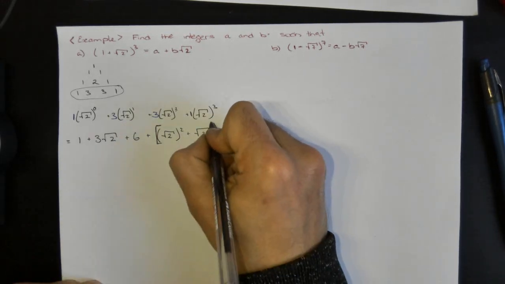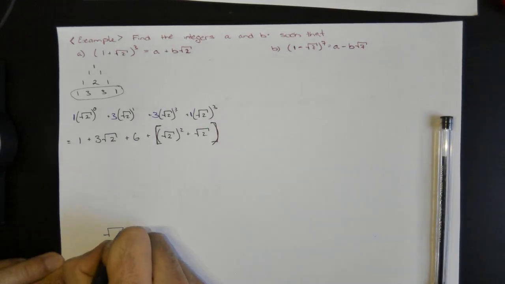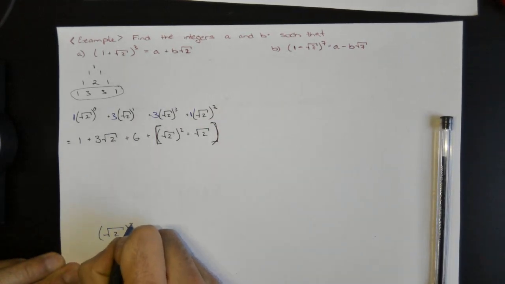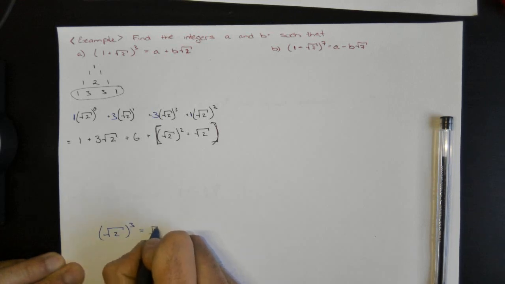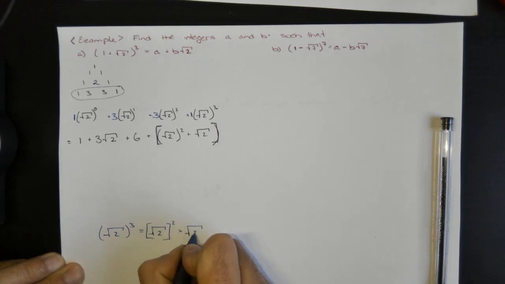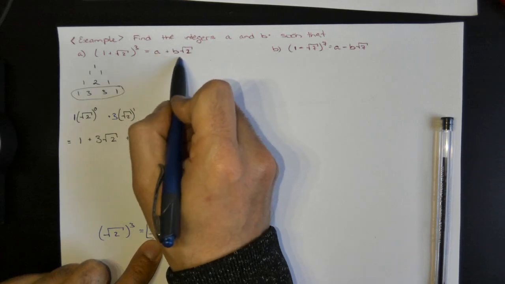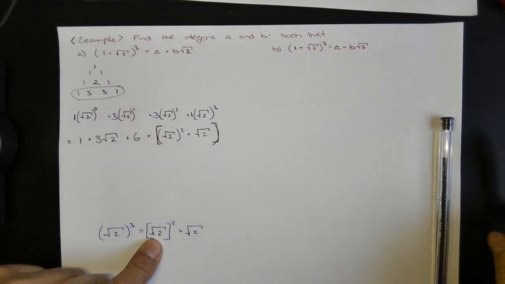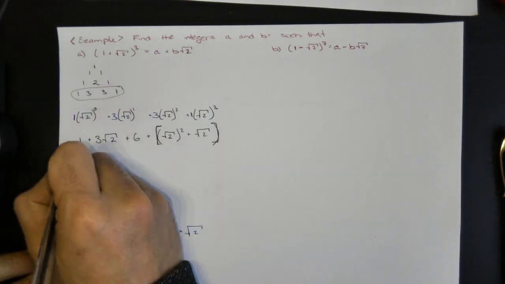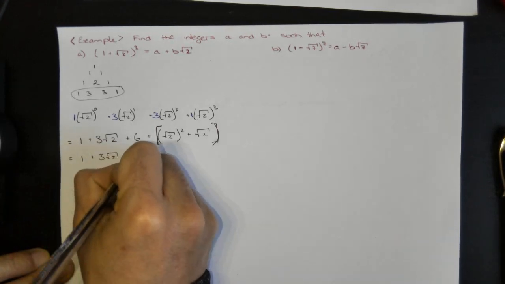If that makes sense, because root 2 to the power of 3 is the same as root 2 squared times by root 2. And the reason why I want to keep it as root 2 is because I've got a solution as a plus b root 2. That's the reason why I've done that. Okay, that's 1 plus 3 root 2 plus 6.